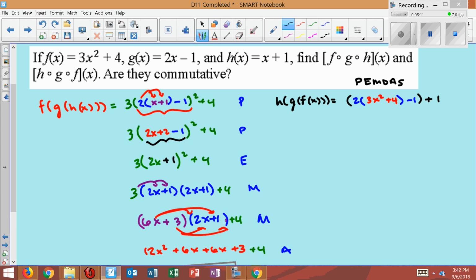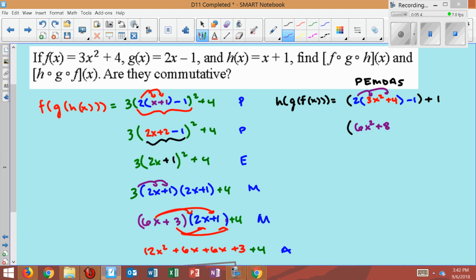All right, so PEMDAS again. Inside the parentheses, I cannot reduce that. So then I go on to this parenthesis, and I can. On the outside, I can multiply there. So this stays the same, and this becomes 6x squared plus 8. And you multiply here and here.